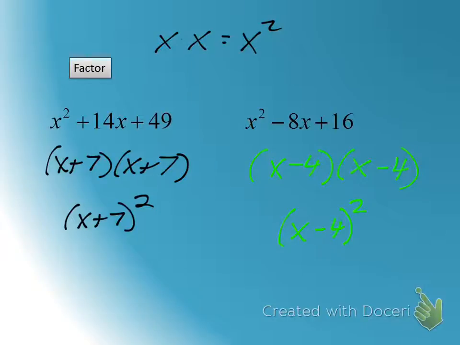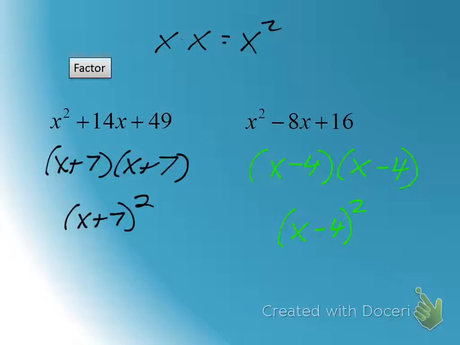Now, what we're going to do today is we're going to take this style of factoring. All right? Anybody know what these are called when they factor this way? Anybody remember? 3 words. First one starts with a P. Second one starts with an S. Third one starts with a T. Perfect square.